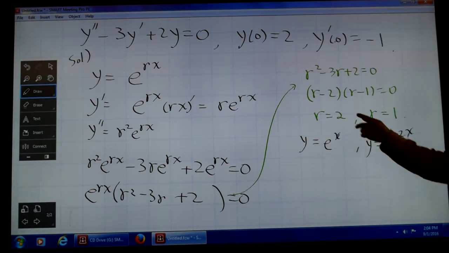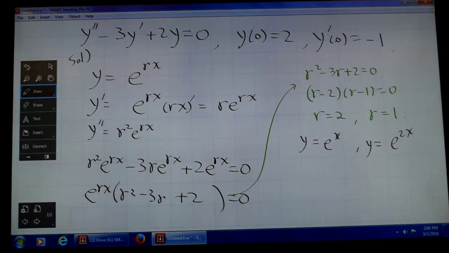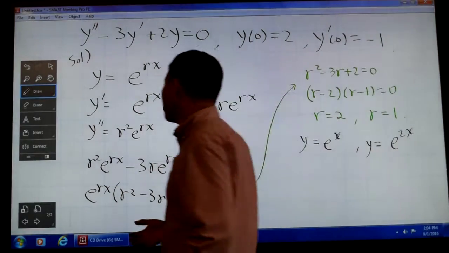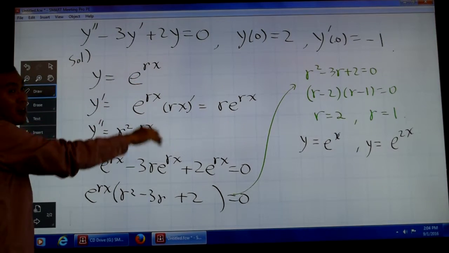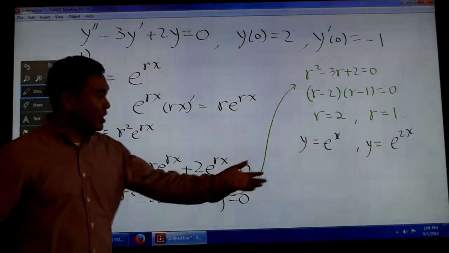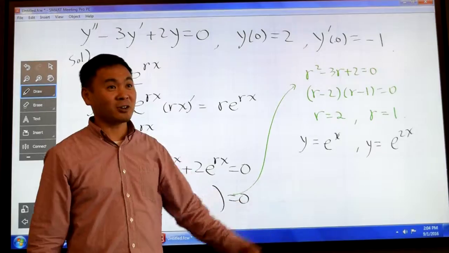For r equals 2, if you replace r by 2, you get e to the 2x. So those are the two solutions. And we're basically making educated guesses. We start with, hey, I know for a fact it looks like something like e to the rx. So let's try it. Does it give us some solutions? Hey, not only do we get one solution, we actually get two solutions, which is very good, right?